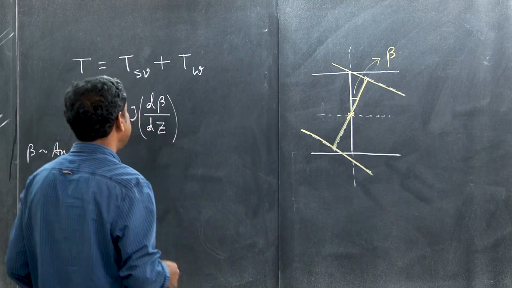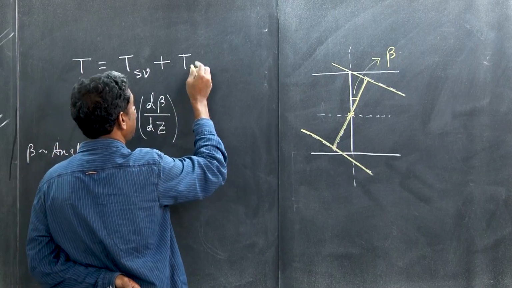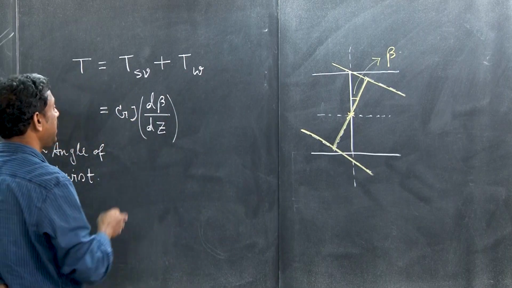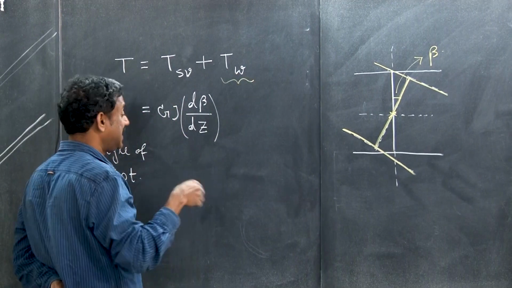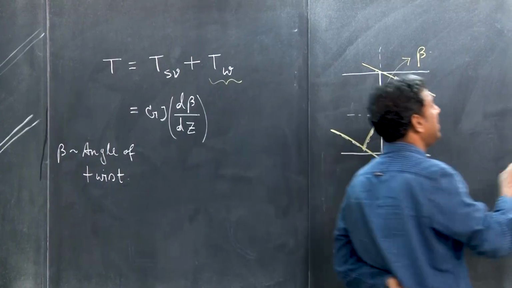So, d beta dz. Now, we are all familiar with the Saint Venant torsion, but we are not familiar with the warping torsion, right? So let us see what we will do for warping torsion.